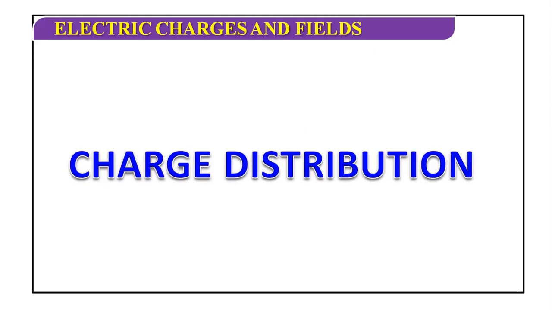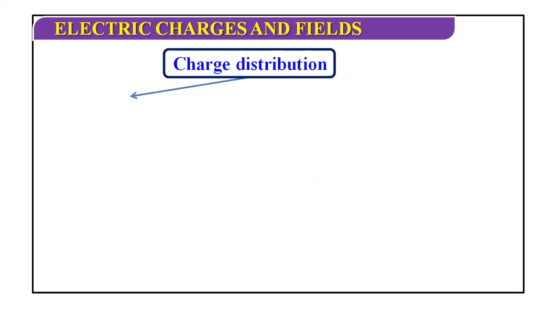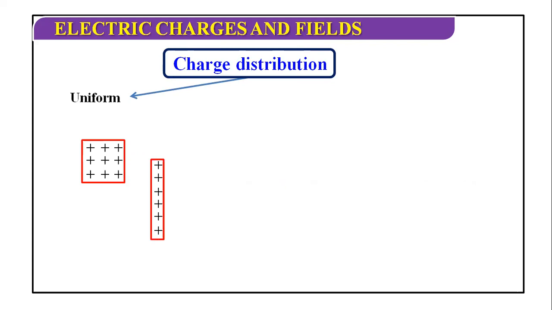So in both situations we have equal and opposite forces. Now how the static charges can be distributed over any body, whether the body is conducting or non-conducting. So we will study the charge distribution.